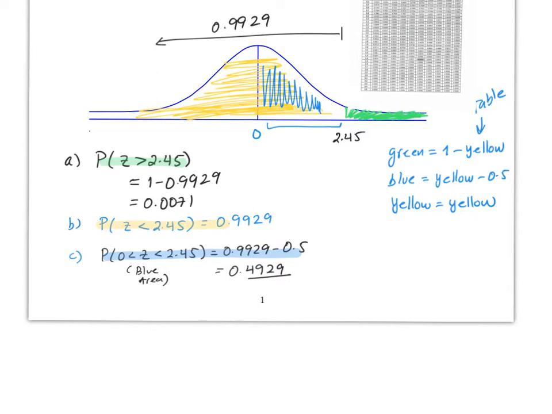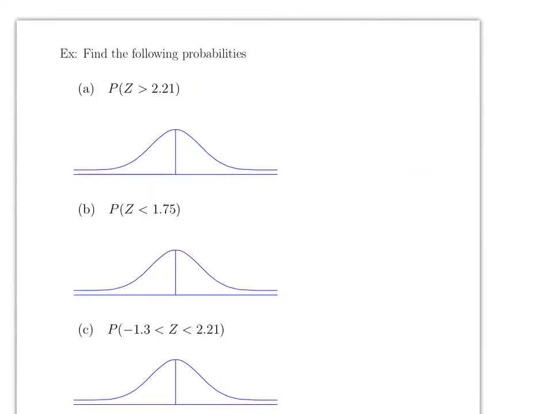Sometimes you have to find two blue areas, like this part blue and this part blue. We're going to do that a few times in 6.2, but this is pretty much what you're going to be doing all along. On the next page, I show you how to do this without the table, in case you want to use a TI-83 or 84. But to use the table, this is how easy it is.